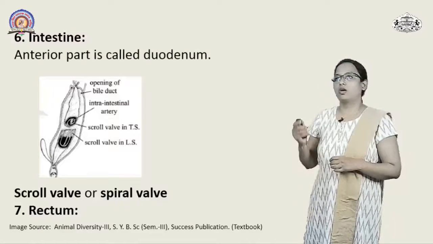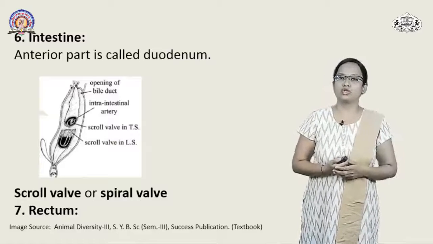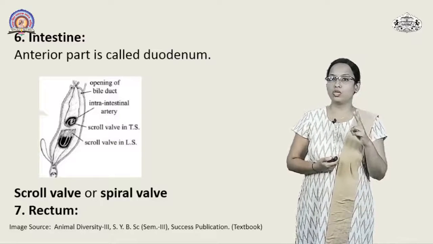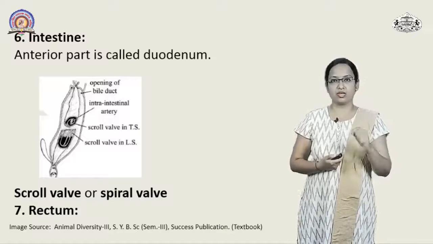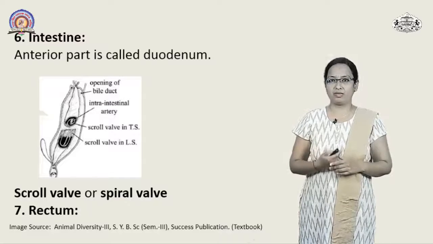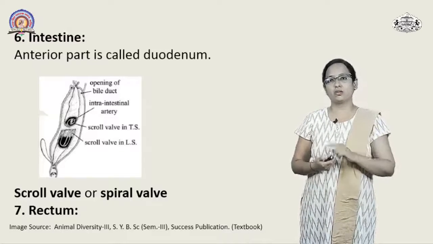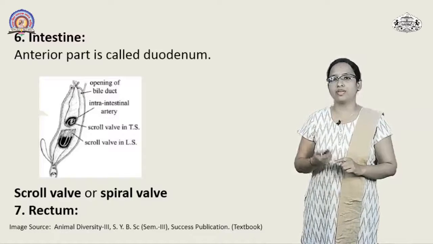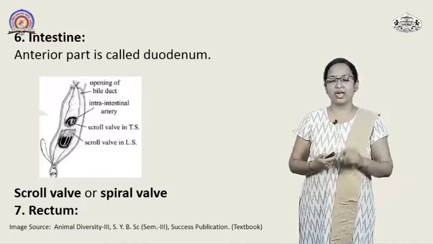At the very anterior portion of the intestine, there will be two ducts opening, opposite to each other. The first duct is on the dorsal side. The bile duct will be opening in this area, and exactly on the opposite side, on the ventral side, the pyloric duct will open into the anterior side of the intestine.